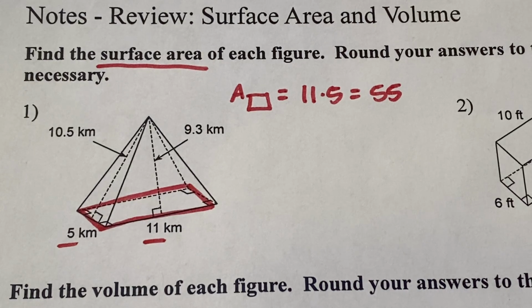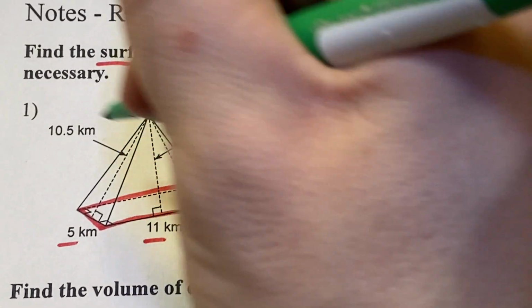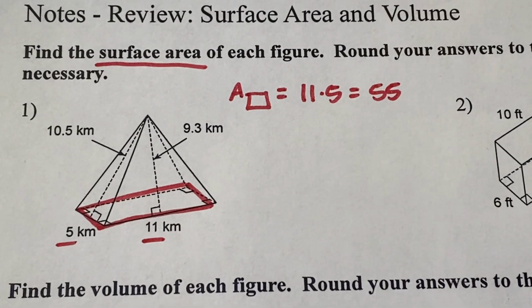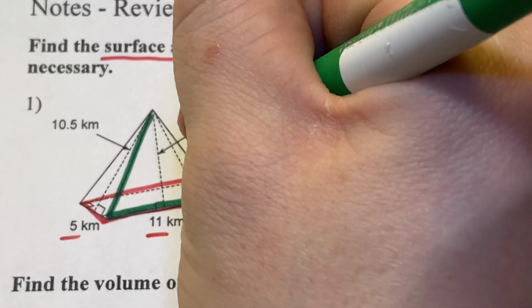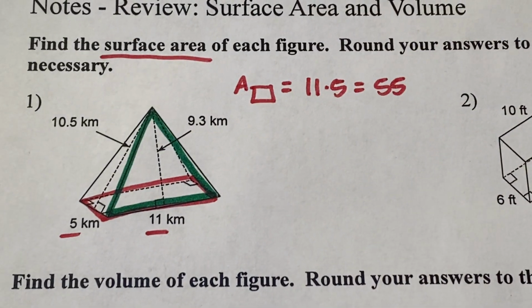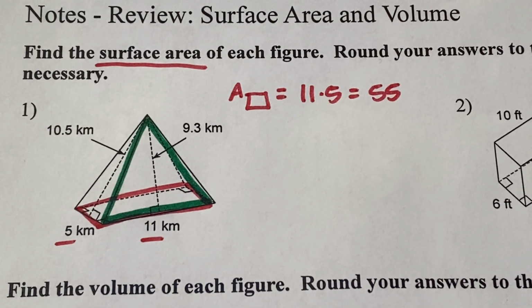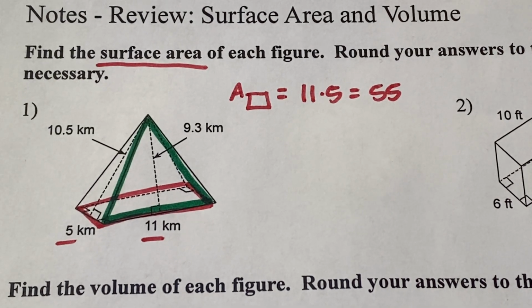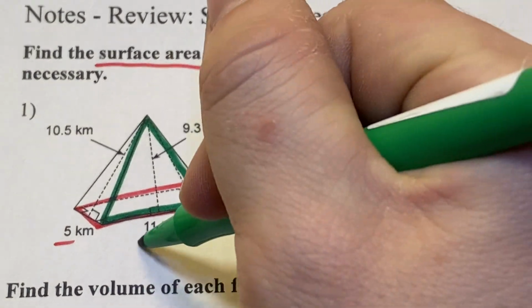Okay, then I need to find the areas of the triangle sides. So let's go ahead and find the area of the bigger one first, the one in front. Okay, so remember the area of a triangle is 1/2 base times height. So I need my base and my height for this triangle. What is my base and my height measurement here? Kaylee? 11 and 10.5.